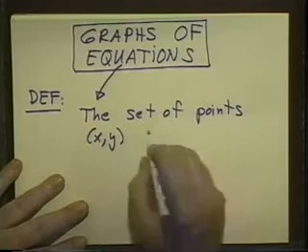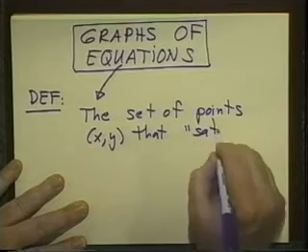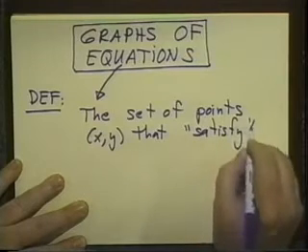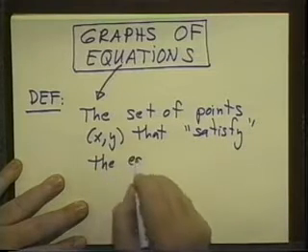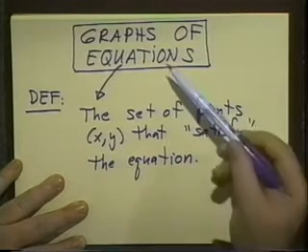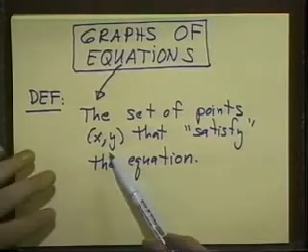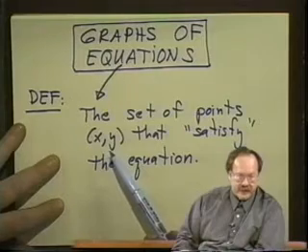The set of points that, and here's one of those mathematical words, satisfy the equation. So the graph of an equation is the set of points x, y that satisfy the equation. And because these are points, you can graph them, and that's where the graph comes from.